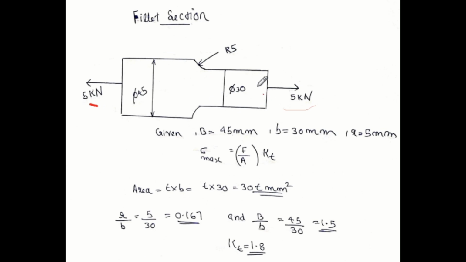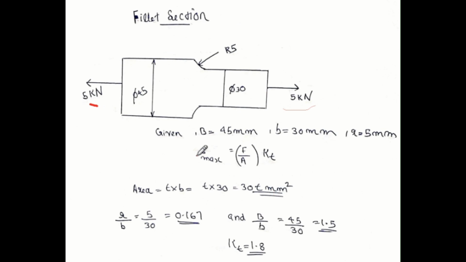This is the point of stress concentration. The fillet part will have stress concentration, so I need to consider only this part. So the area will be thickness into 30 mm. This T we have to find at the end. That is what they asked in the question.